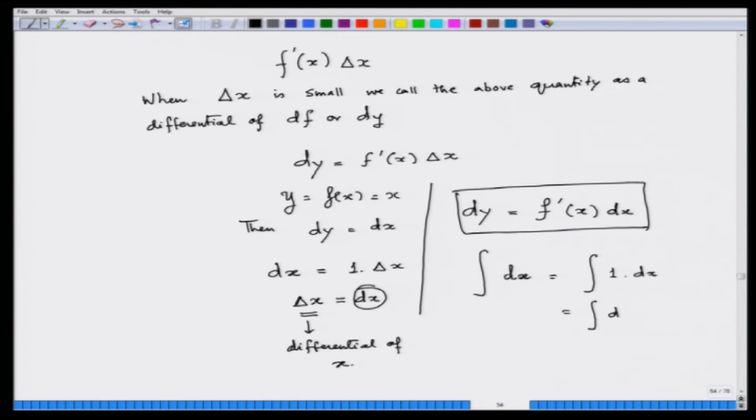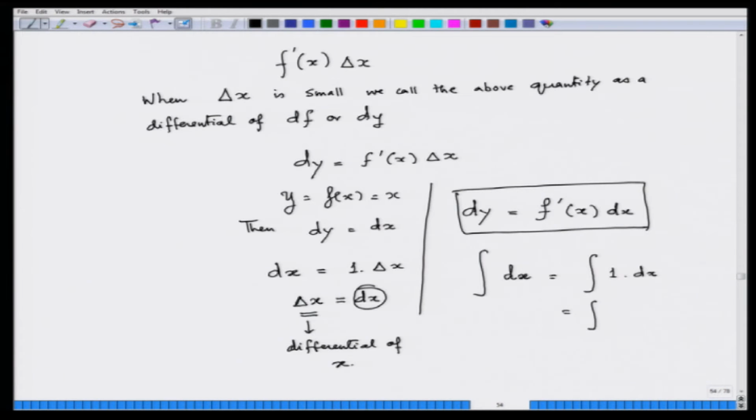So basically I find a function whose derivative is 1 in this case. That is why this symbolism of integral of dx actually means you are integrating a function.